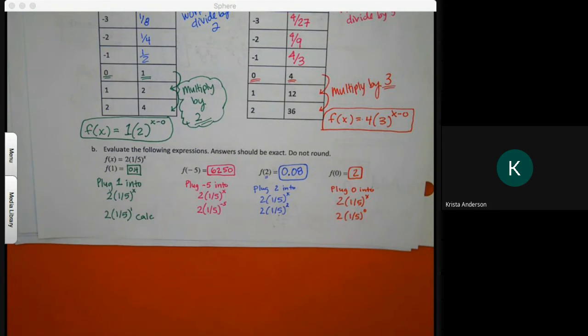I'll give you a second to fill those in if I went too fast. Once you're done, turn the page. We're just going to finish substituting in.